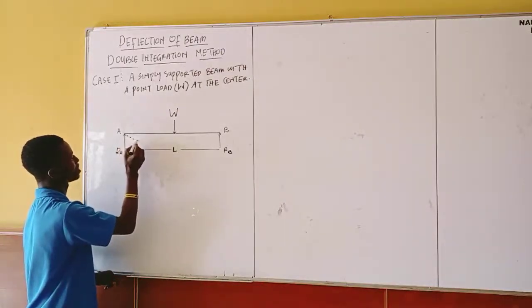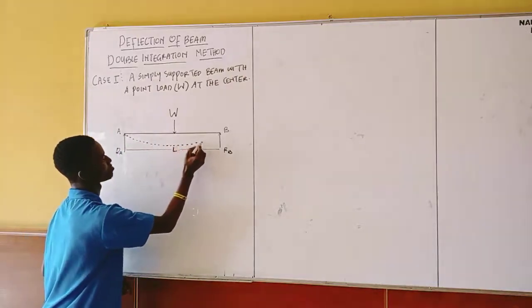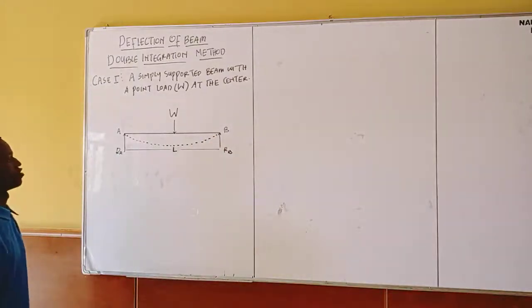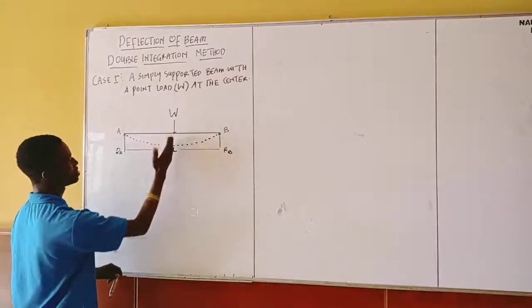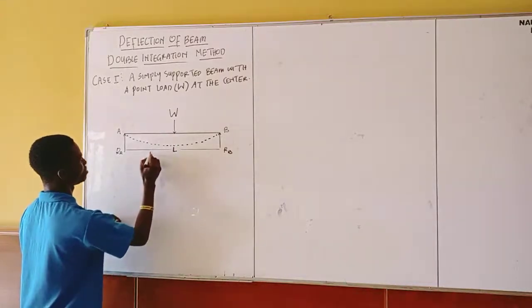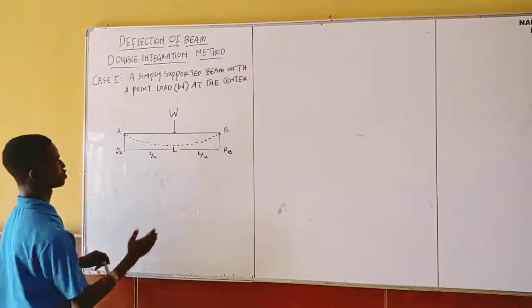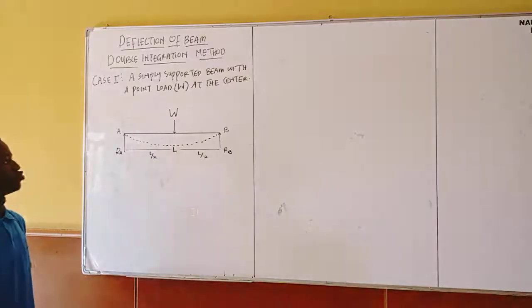This is how we are going to have deflection of this beam. The load is acting at the center, so this place is length over 2 and this place is length over 2, dividing the distance into 2 equal parts.